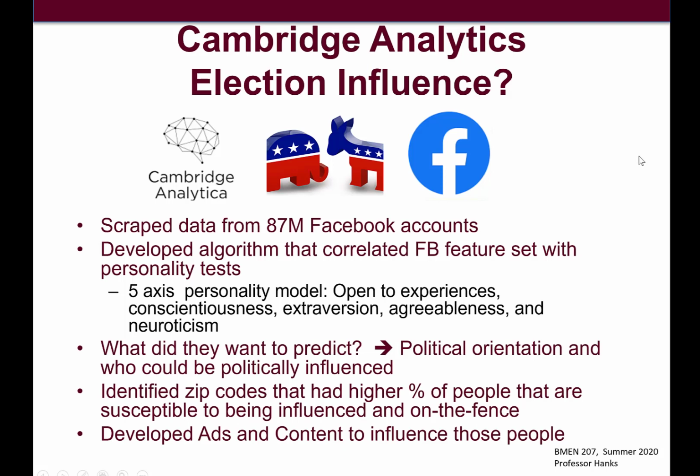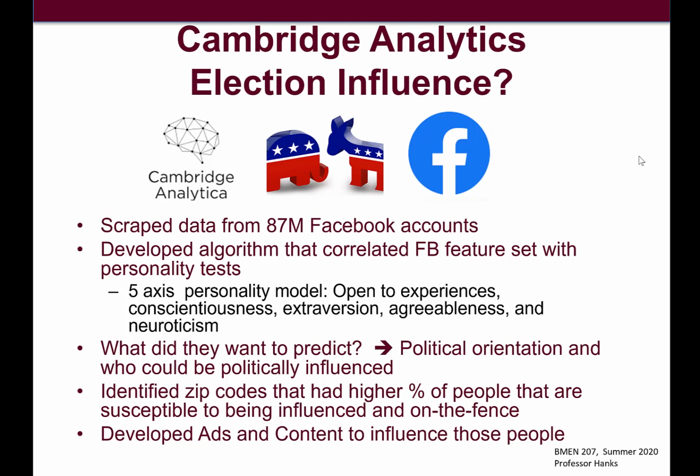Another example you may not realize involves the tools that were used to influence, or potentially influence, a past election. I'm not sure of that, but it's reported that Cambridge Analytica used Facebook data. They scraped the data from 87 million Facebook accounts and developed algorithms that correlated the Facebook feature set with personality tests, using surveys to do the personality tests. They were looking to predict somebody's political orientation and whether they could be politically influenced by the combination of what was on their Facebook page and their psychological profile.